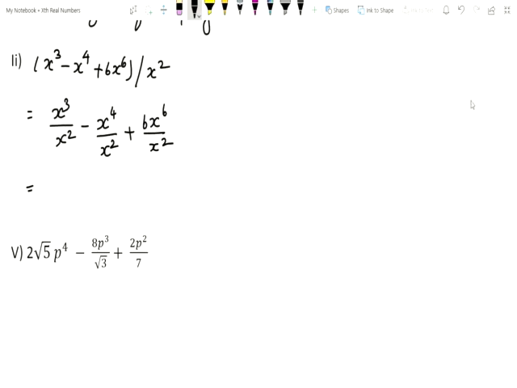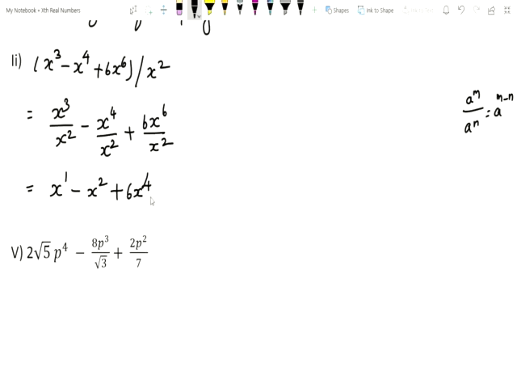You know that a power m by a power n equals a power m minus n. So x power 3 minus 2, what will you get? 1, minus x power 4 minus 2, x square, plus 6x power 6 minus 2, what will you get? 4. So here x minus x square plus 6x power 4.